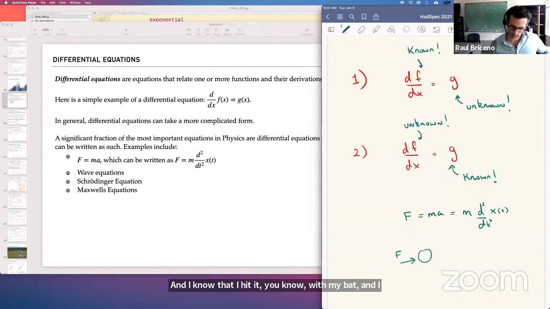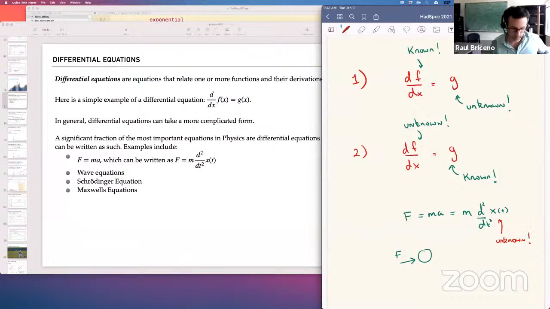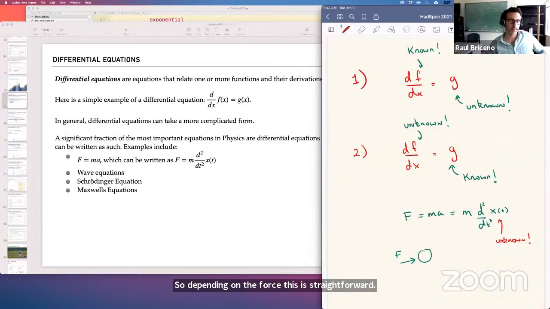So the question would be that we would know the force, but if we wanted to determine its trajectory, we would have to solve this equation. So depending on the force, this is straightforward. We can do this analytically. Some cases, it's not so straightforward. Does that make sense?